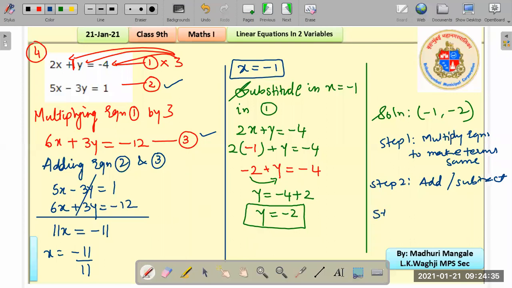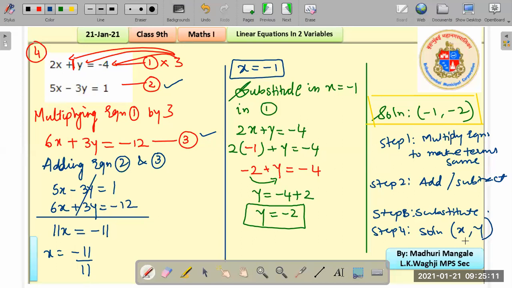And finally, step 3, substitute or replace the x value or the y value in any one of the equations and get the solution. And finally, don't forget to put the solution in proper format, that is x comma y format. So step 4, write the solution in standard form, always x first and then y.